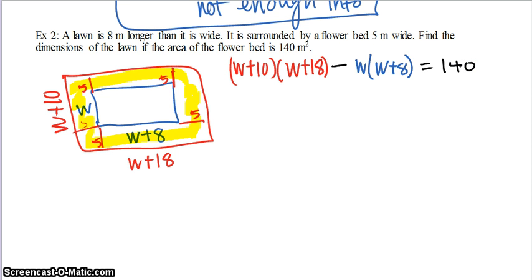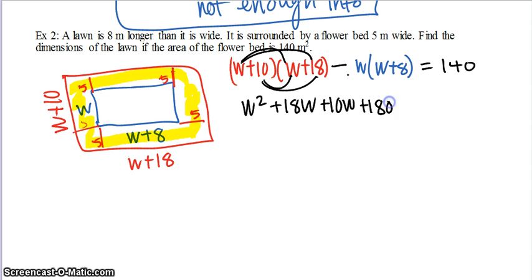So far so good. I'm going to FOIL, so we get W squared plus 18W plus 10W plus 180, minus W squared minus 8W equals 140.